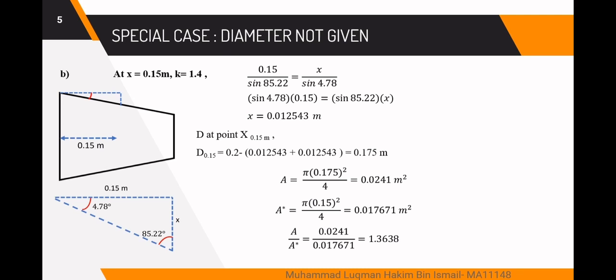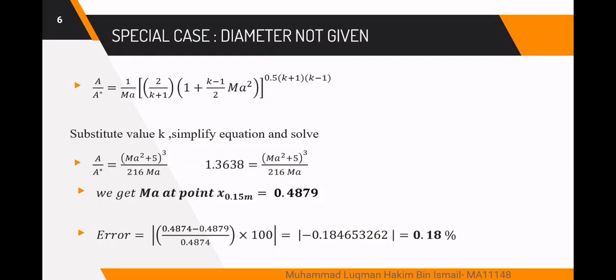And then later on we use the same formula for area, area star and area ratio. We get the answer by substituting the values we calculated. Here we get Mach number at point x 0.15 meter equal to 0.4879, and then we calculate the percentage of error and we get 0.18%.